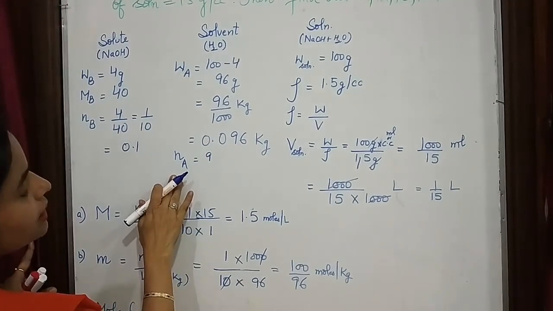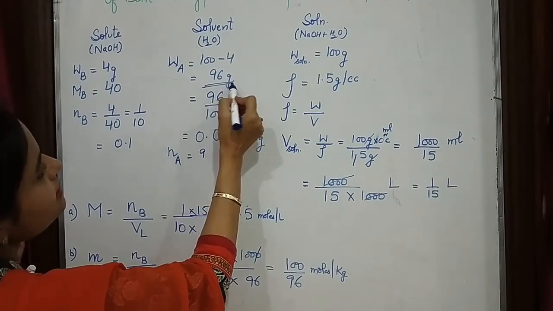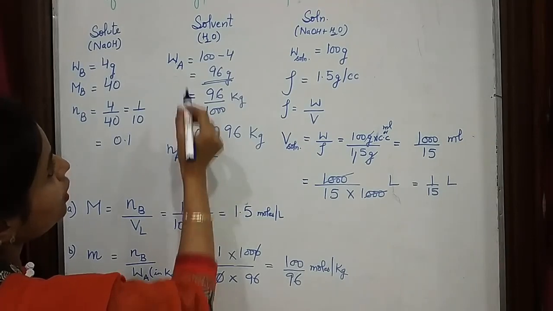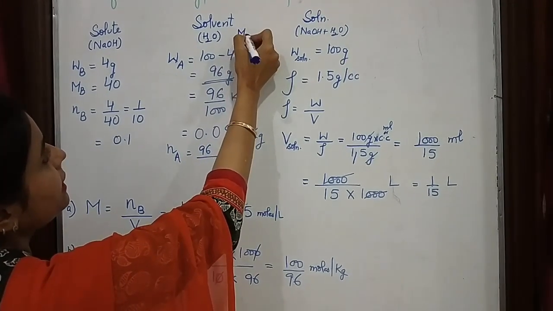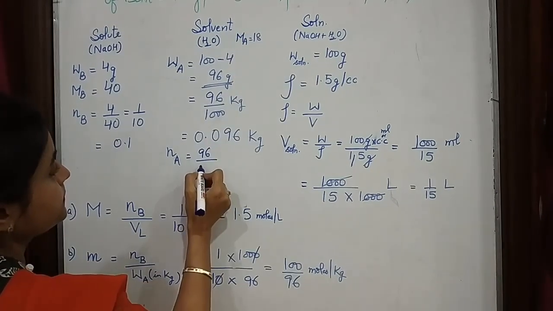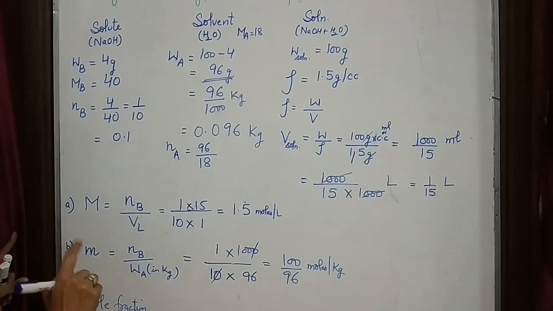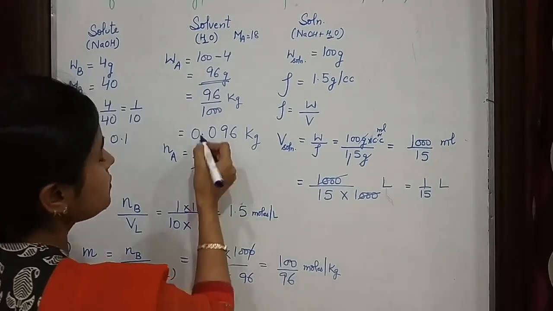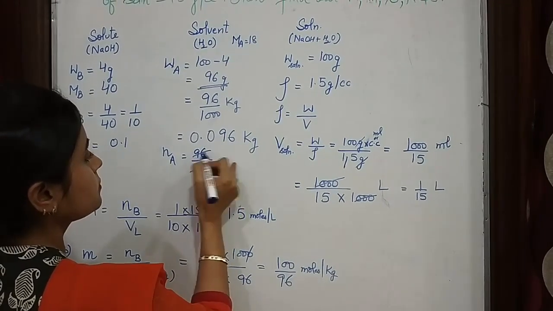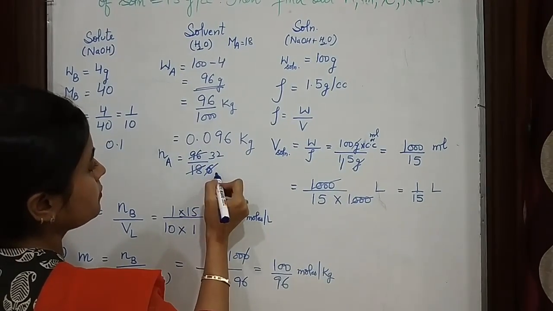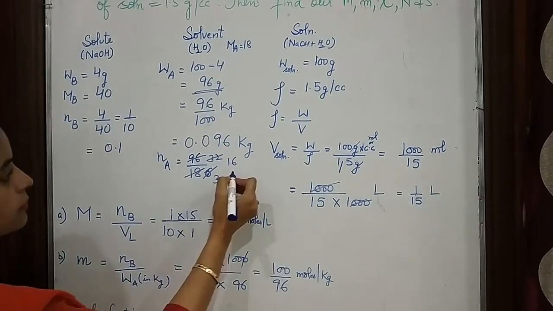Whenever we find out the number of moles, we use mass in grams. So this is the mass 96 gram upon molar mass. Molar mass of water is 18. So this is the number of moles of solvent water. You can simplify this. This is 16 by 3.